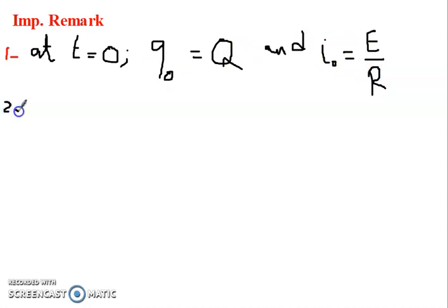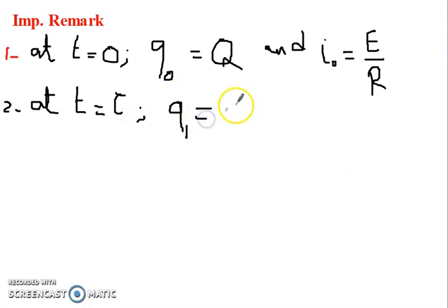The second remark, at T equal tau, we also verified this calculation. I can get the charge Q1 equal 0.37. I will leave it to prove this.